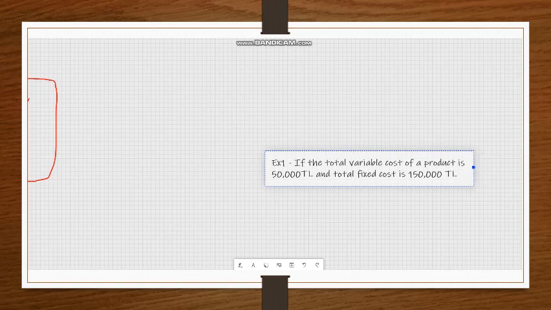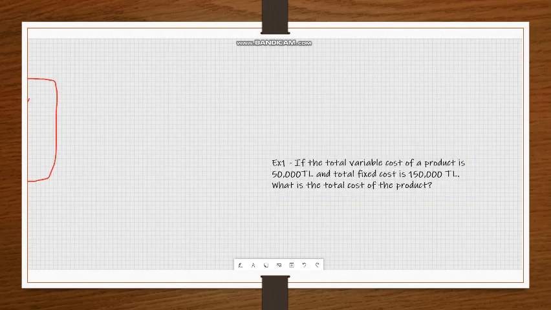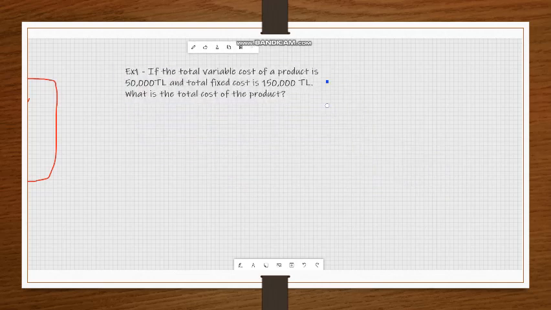It's gonna be asking, what is the total cost of the product? Very easy.